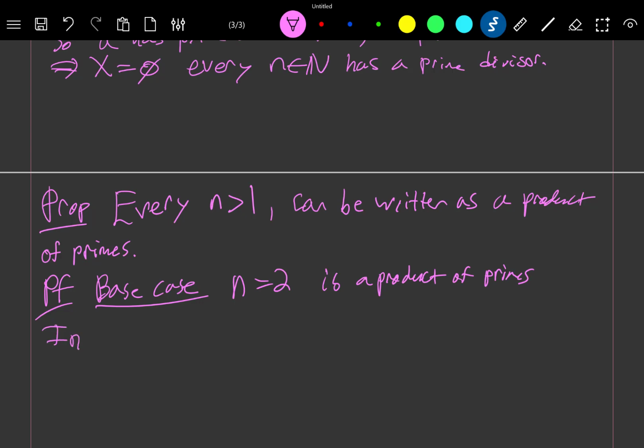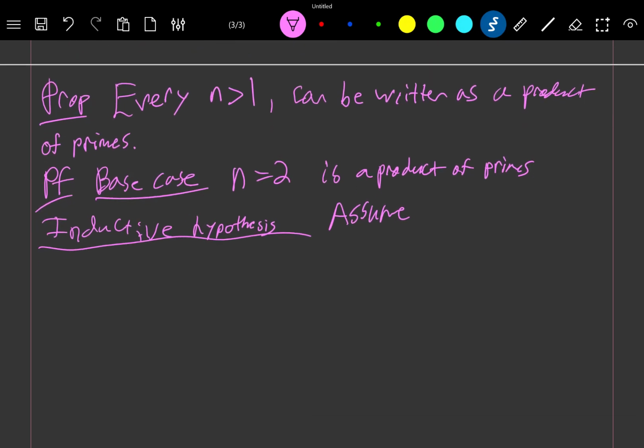So now we need what we call the inductive hypothesis. So let us assume that every integer k between 1 and n can be written as a product of primes.